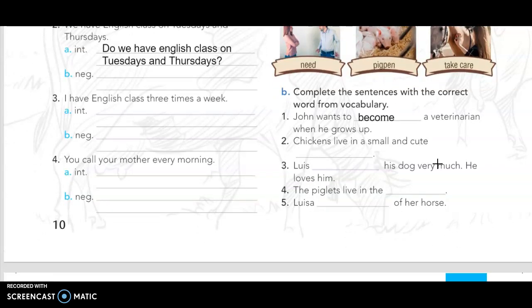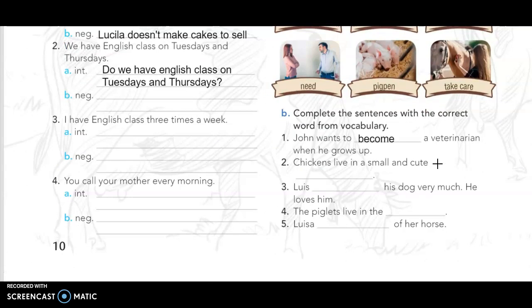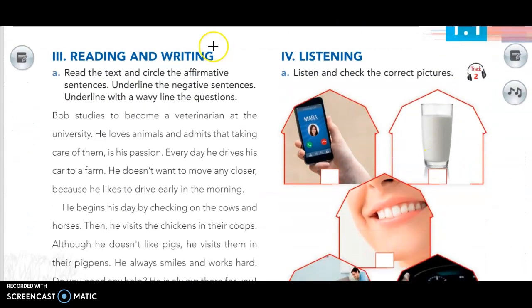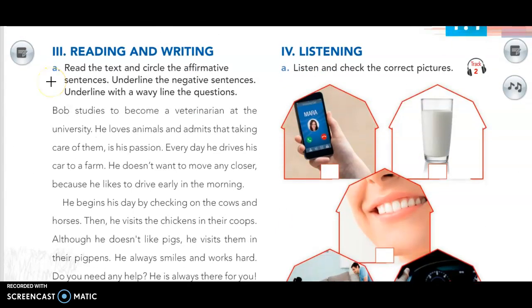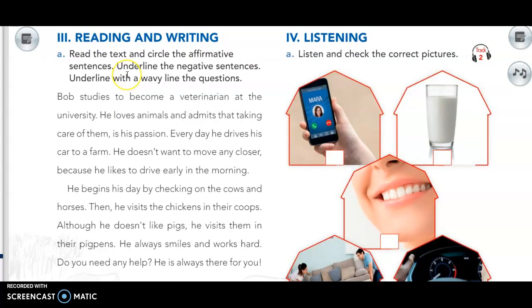De la misma manera, vamos a escoger una de las palabras que tenemos arriba para seguir completando el ejercicio. Let's move on to reading and writing. Okay. El inciso A dice, read the text and circle the affirmatives. Okay, vamos a leer las instrucciones. Read the text and sentences. Underline the negative sentences.